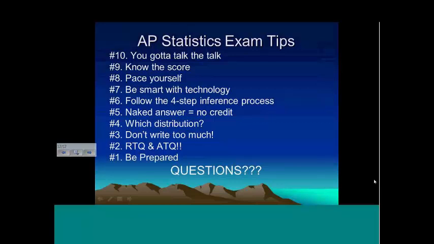It is possible that there'll be a question somewhere on the exam that focuses in on a situation where we're just checking conditions, and in that case, the conditions may or may not be satisfied. But in a free response question where students are asked to do the 4-step process, the conditions will be met.